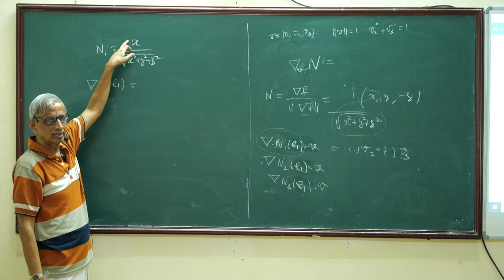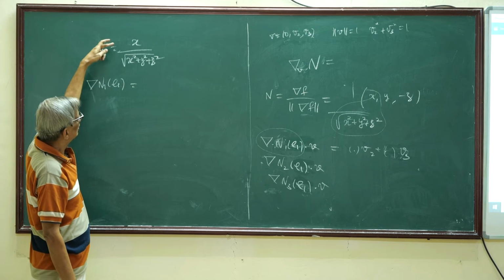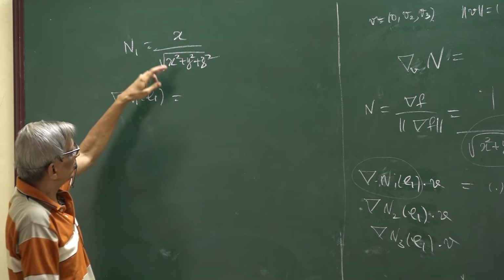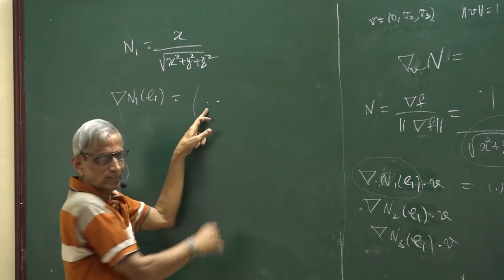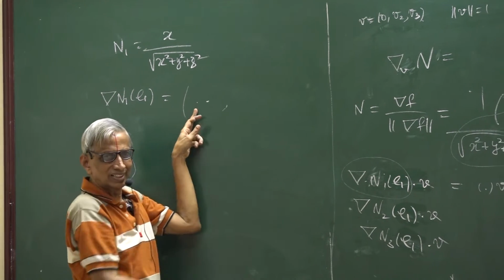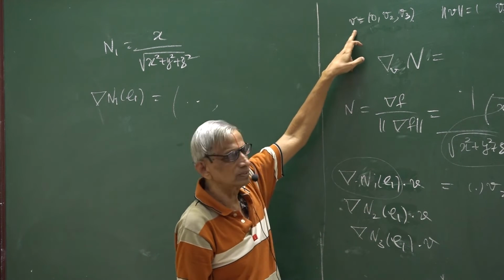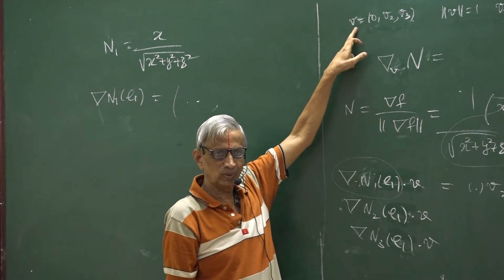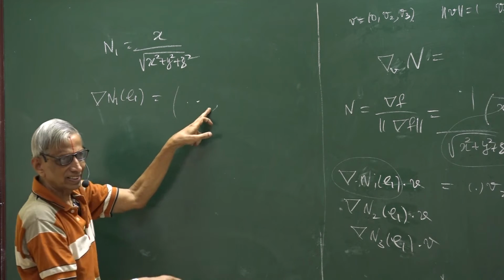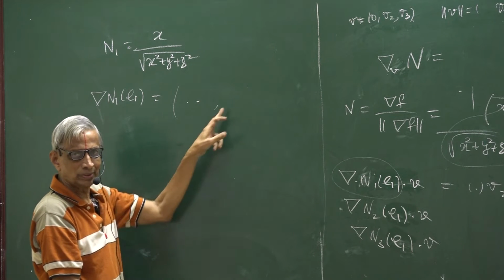Even here we don't have to worry about the first thing, because that's going to be 0 when you take the inner product with this. So you have to calculate only the second and third things here, right?